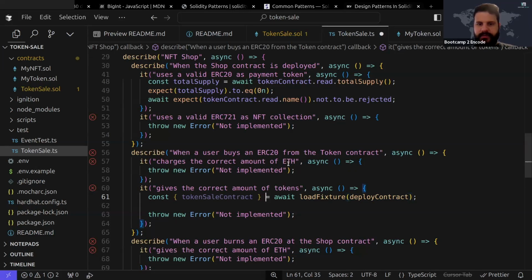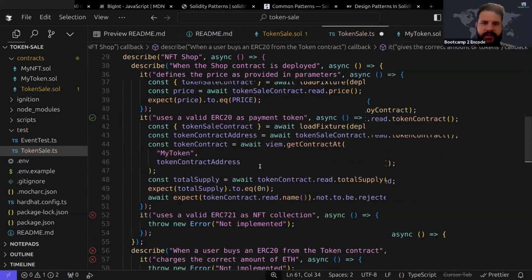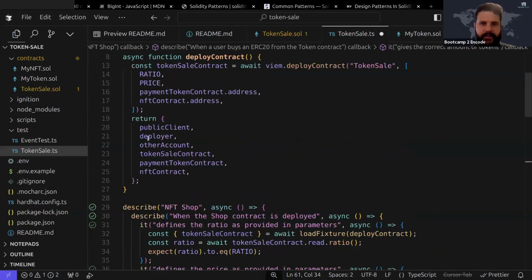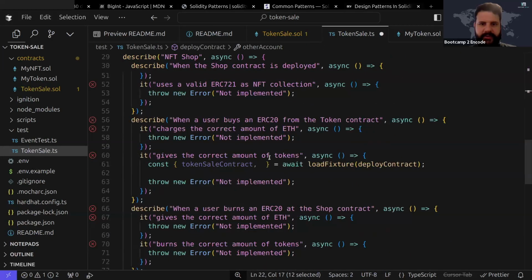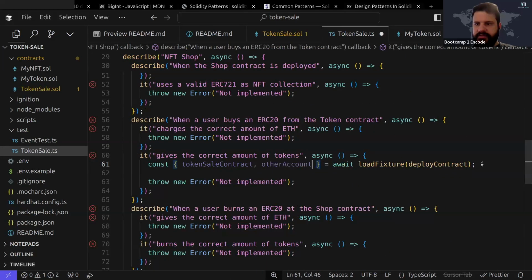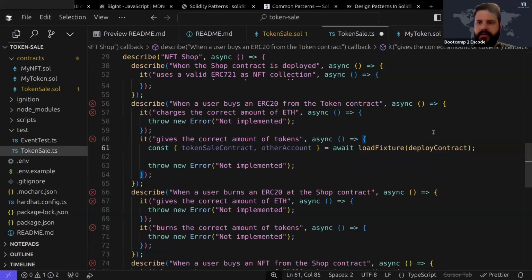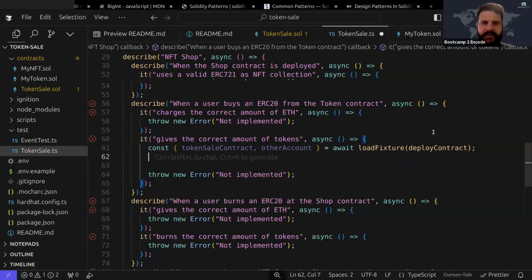Let me do this test with the other account. I don't want to do this test with the deployer. I want to do this test with the other account.